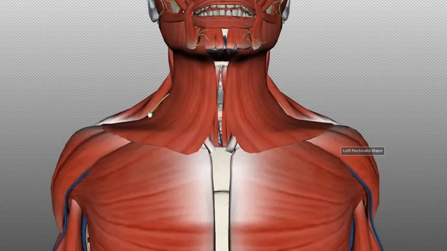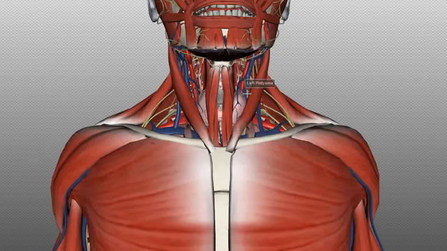So we're looking at an anterior view of the neck, and you can see these thin muscles here. This is the platysma muscle, and this is contained in the superficial fascia of the neck. I'll get rid of these and show you the different triangles.